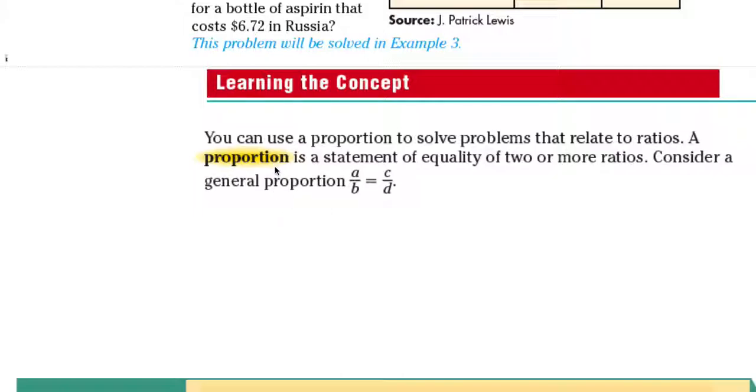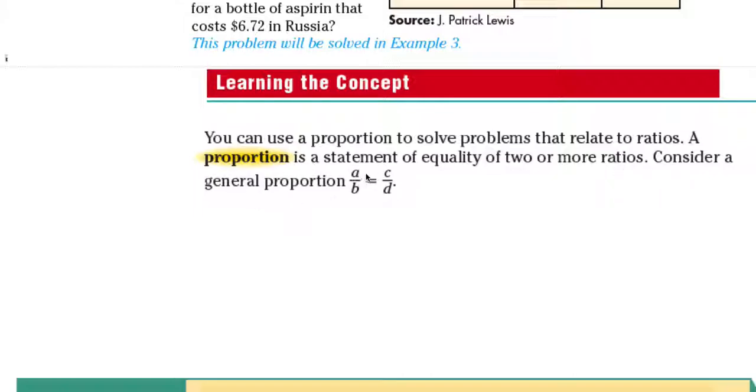A proportion is a statement of equality of 2 or more ratios. So actually a proportion is an equation. It tells you that 2 ratios are equal to each other. Remember what ratios are: a ratio is a comparison of 2 numbers by division, and it can be expressed as a fraction.